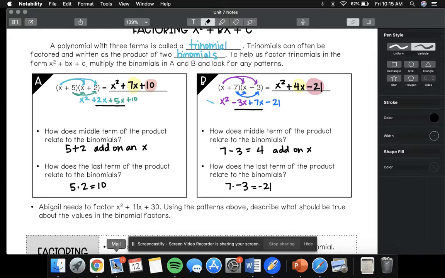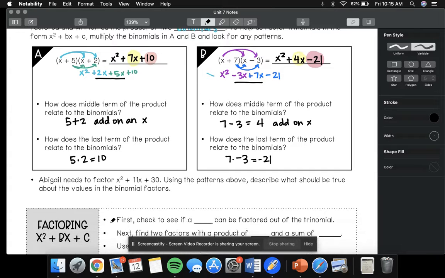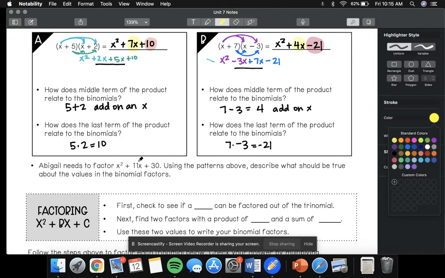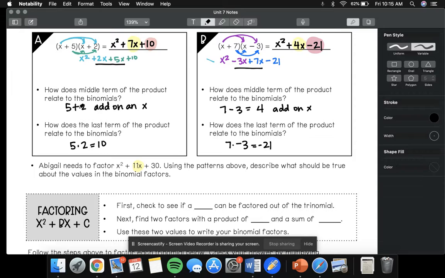Abigail needs to factor x squared plus 11x plus 30. Using the patterns above, describe what should be true about the values of the binomials. Well, it looks like the middle term, 11x, should be when you add the two numbers together.